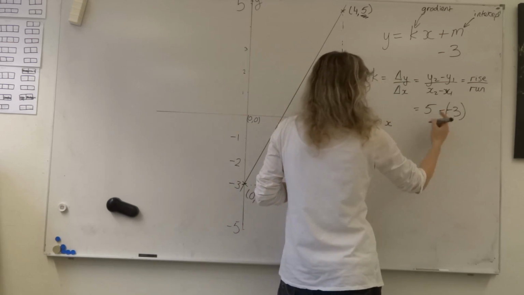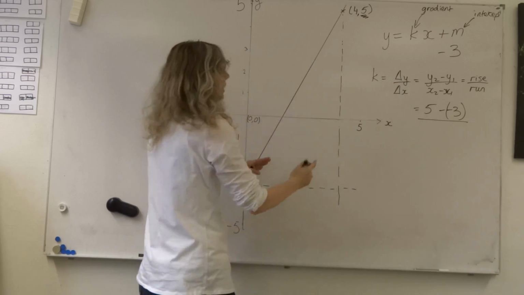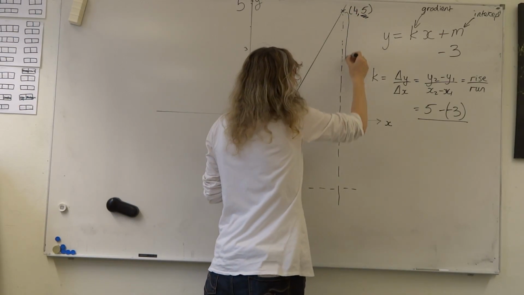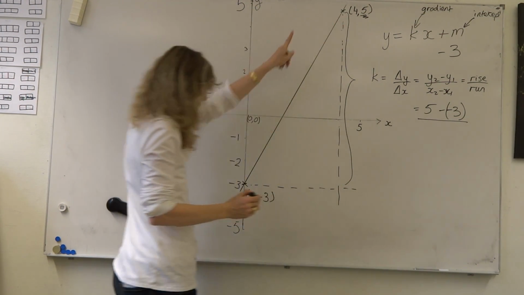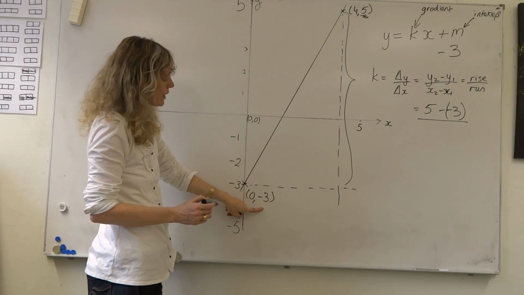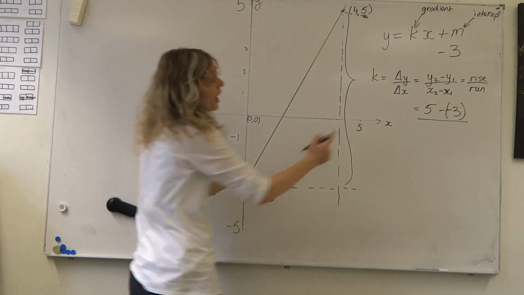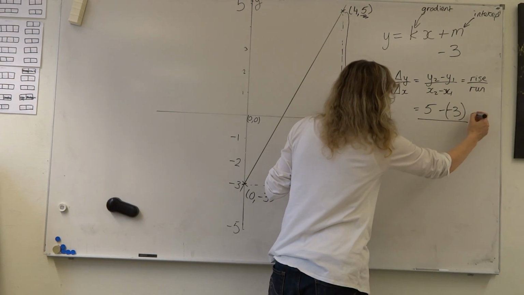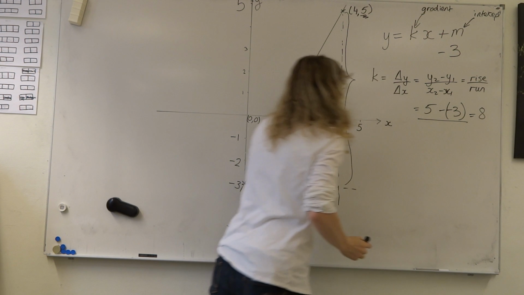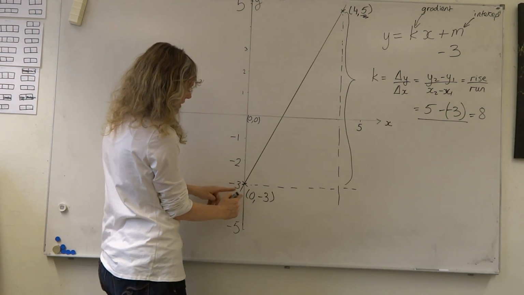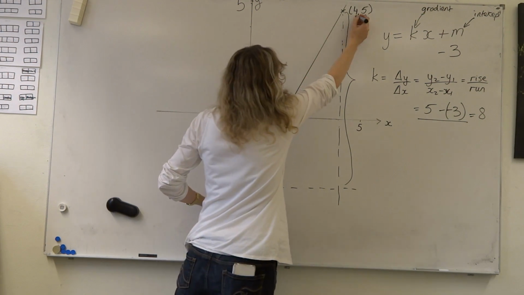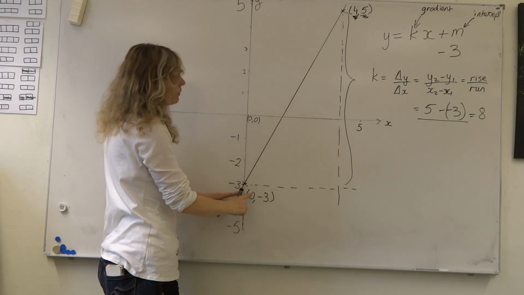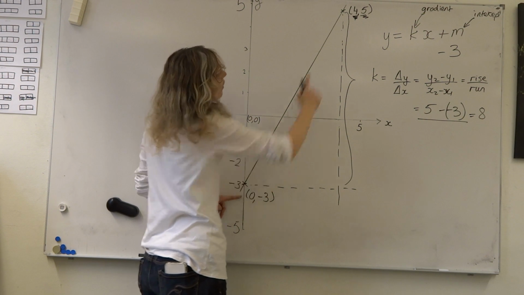So we take the difference of those: 5 minus minus 3, which is 8, divided by the difference in the x-axis. Well, here we've gone from 0 in the x-axis up to 4.